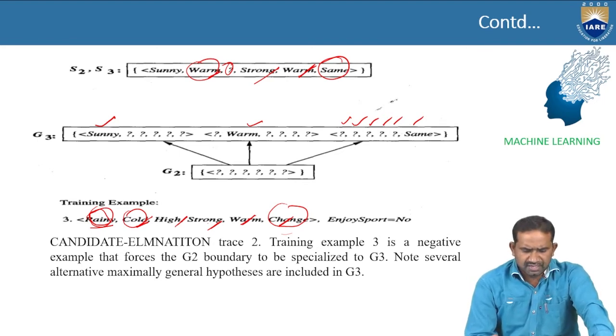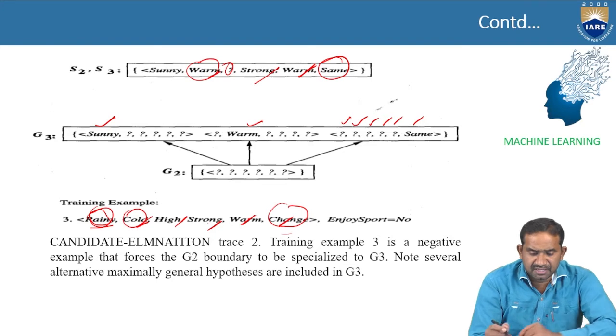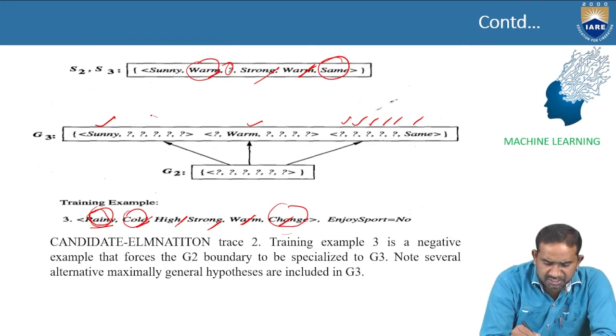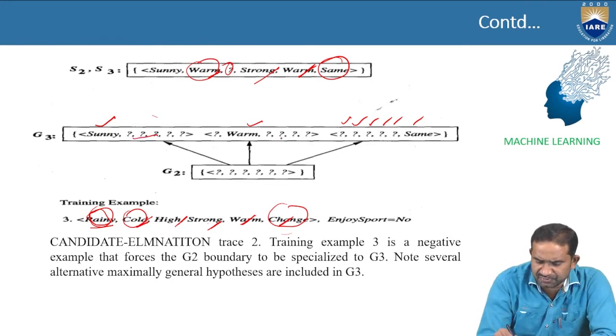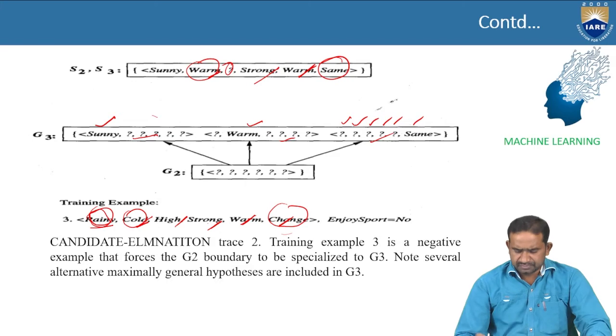Note several alternatives of maximally generalized hypotheses included in the G, meaning the most general hypotheses. When you compare G3, the most generalized, here are 4, 5, here is also 5, here is also 5 generalized. The most generalized hypotheses are in G3.